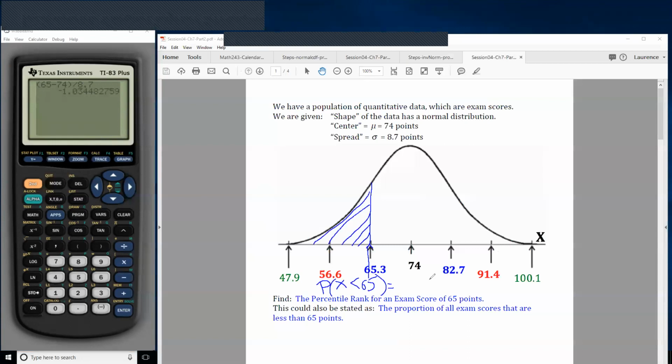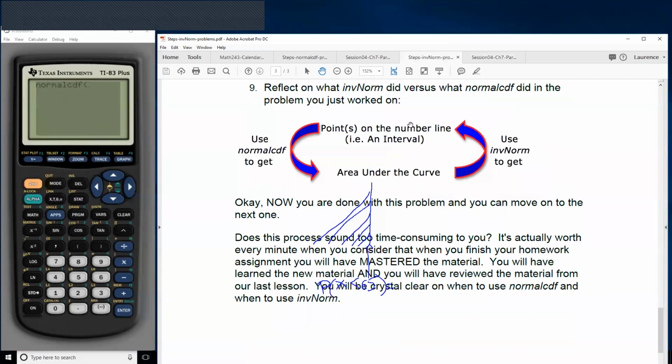And then we could go ahead and calculate that. So let's go ahead and do this. So we're going to press second vars 2. Now, why are we using normal CDF? Because we were given an interval. So you use normal CDF to find the area under the curve.